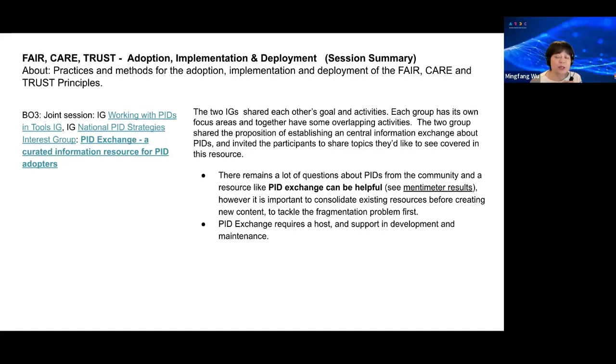The two groups identified the way forward as probably providing a resource, like a PID exchange, but that requires dynamically expanding materials that require hosts and support. So if you can offer any help, please contact the co-chairs of the two groups.